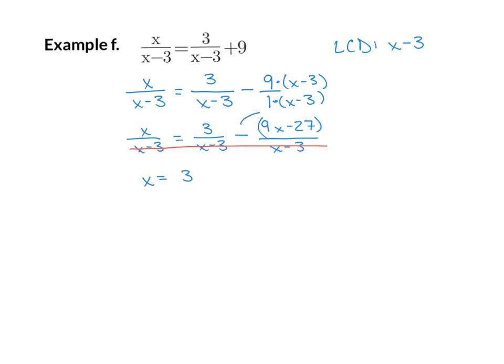I'm going to go ahead and distribute my negative. I have minus 9x minus negative 27 becomes 27. I can combine my like terms. 3 and 27 combine to give me 30.